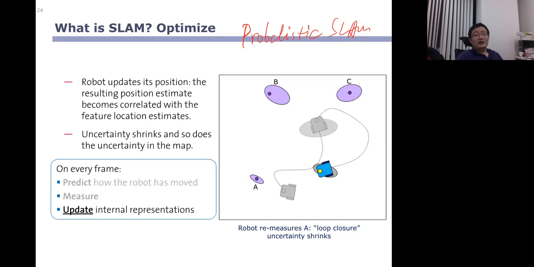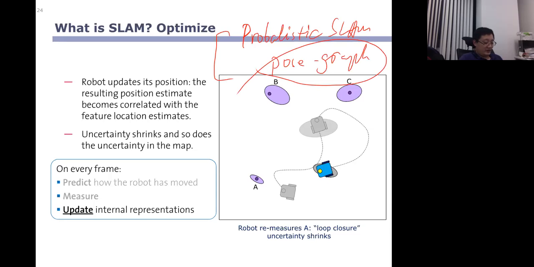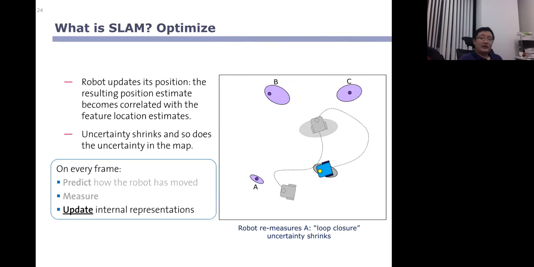In many recent advances in SLAM, people turn to use the pose graph. We can also quickly introduce the pose graph, not now, but later. But both ways, we can formulate them in the format of the Bayesian process.